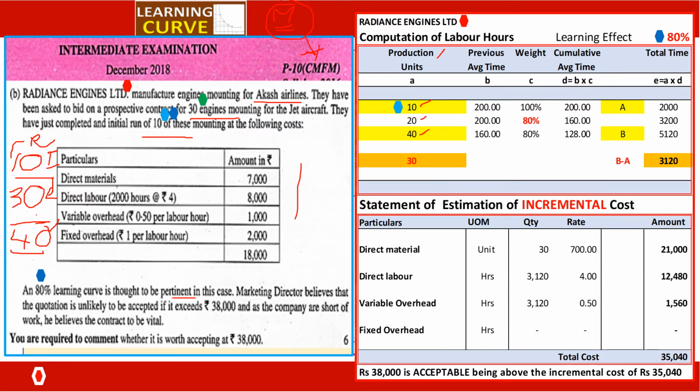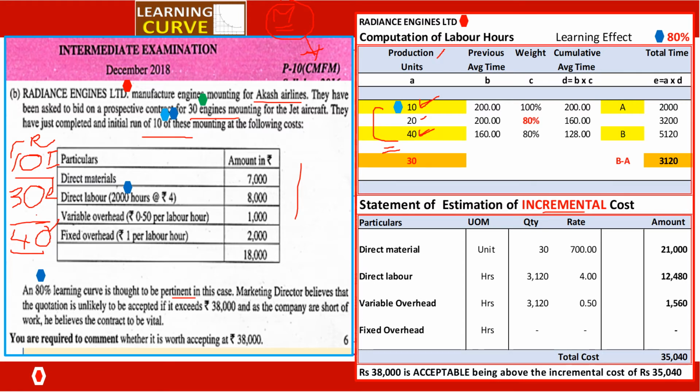Where is 30 coming into the picture? Where we use the word incremental. Incremental means from 10 we go to 40, there is an incremental effect of 40 minus 10 equals 30. This point you may have to remember very clearly. This problem is important for that reason.